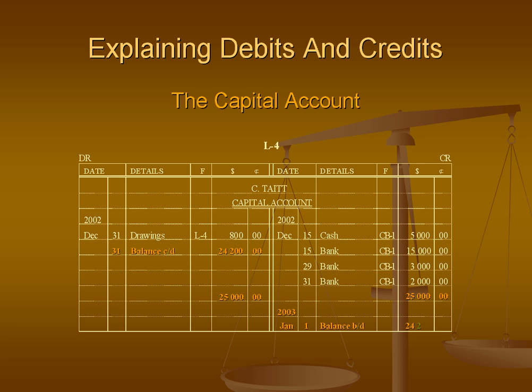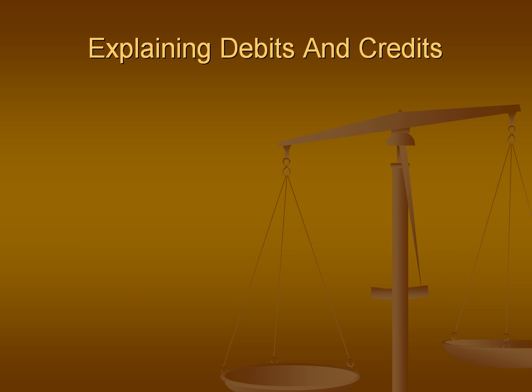2003 January 1 balance brought down $24,200. It is this amount that is transferred from the credit side of the capital account to the credit side of the trial balance. The second example is expense accounts.